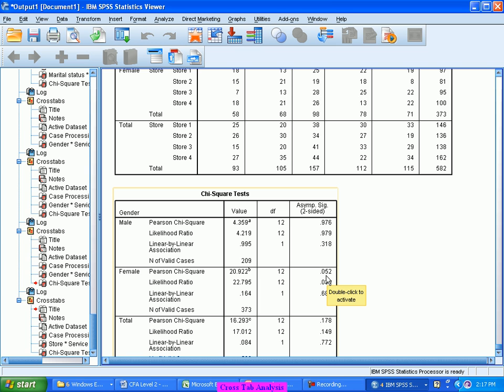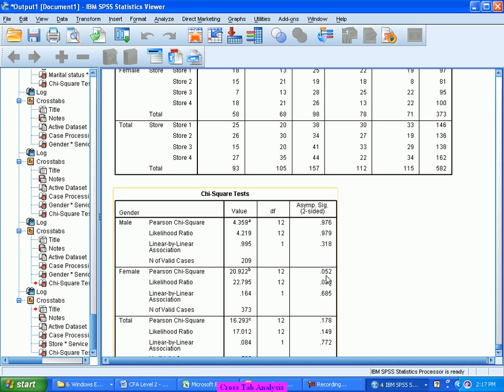that it is not uniform. So what is my conclusion there? Probably some females are not satisfied with some of the stores. Male satisfaction levels are uniform, whereas with respect to females the satisfaction levels are not uniform.